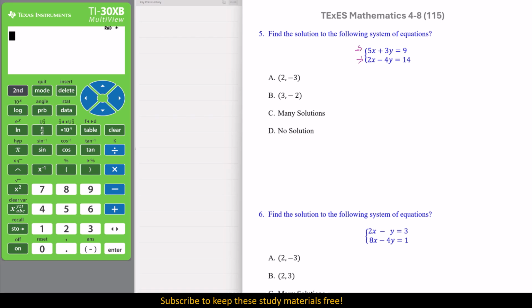The first one times 2 would give us 10x plus 6y equals 18. But then the second one, if we multiplied that by 5, I'm going to have 10x, but then I'm going to have -20. No, definitely not going to work.